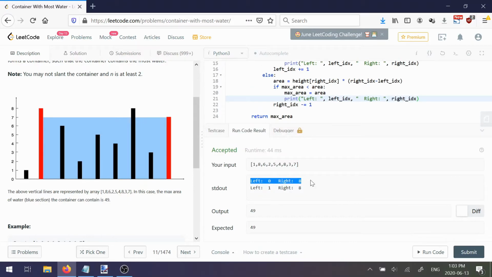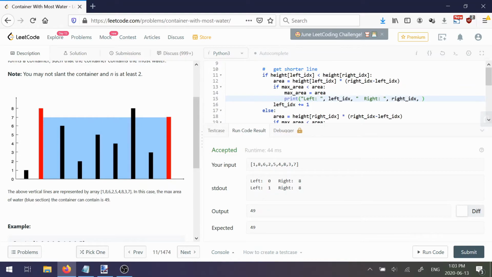So what we see here is the first output is when the two indexes are at their starting position. That would always give us an area greater than 0. Then what we see is the next max area, which is when we move left forward 1 position. We can also print out the area.